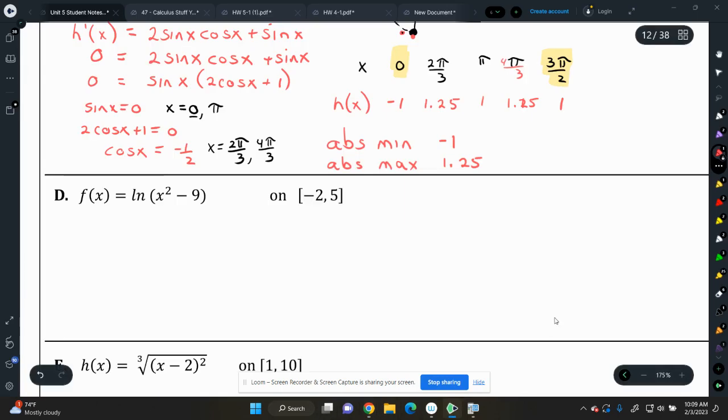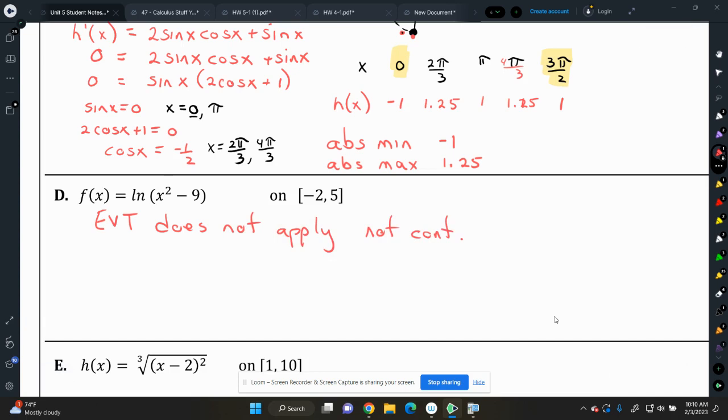Okay, what did you discover about this? It's not continuous, because you can't take the natural log of a negative number. There you go. Look at it first. EVT does not apply, right? It's not continuous.